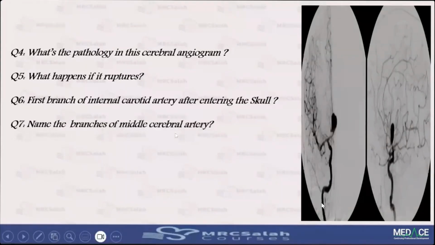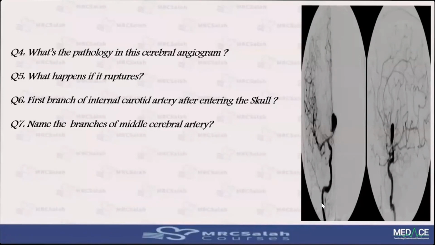Would you name the branches of the middle cerebral artery? There are lenticulostriate arteries, orbitofrontal branches, parietal branches, posterior parietal branches, and temporal branches. Among the parietal, there are anterior, middle, posterior, and angular.